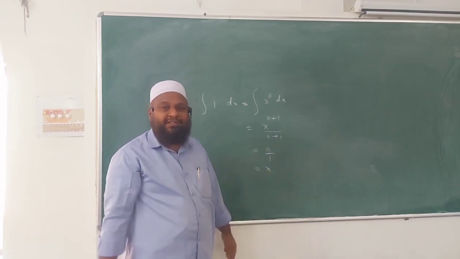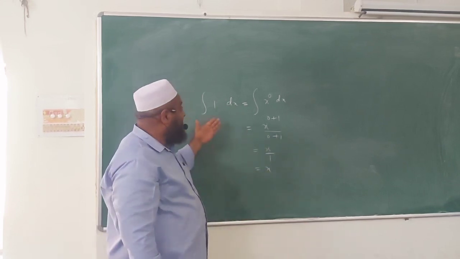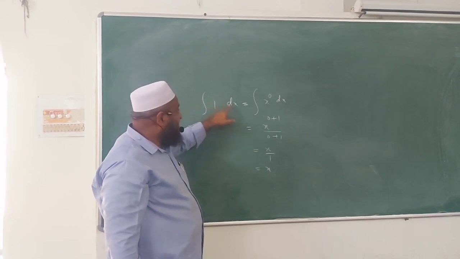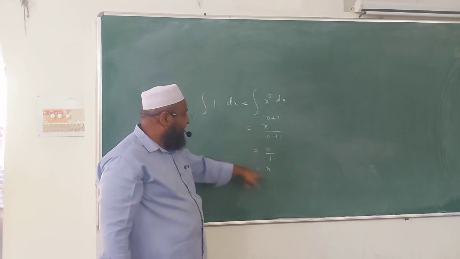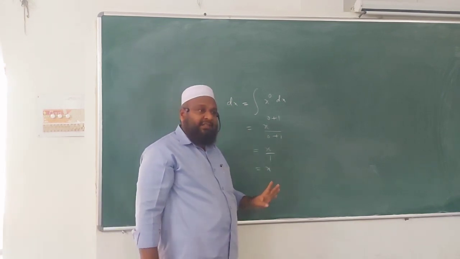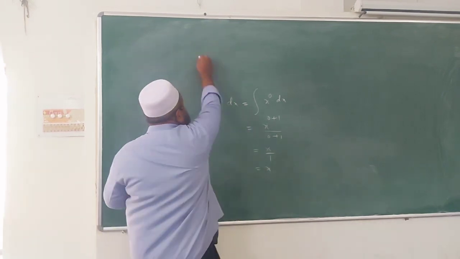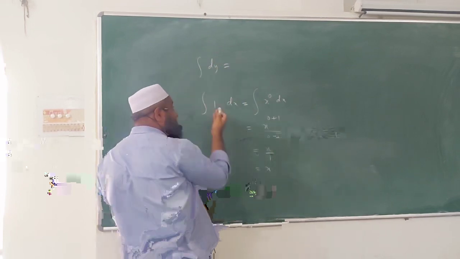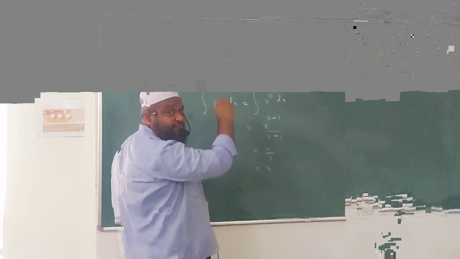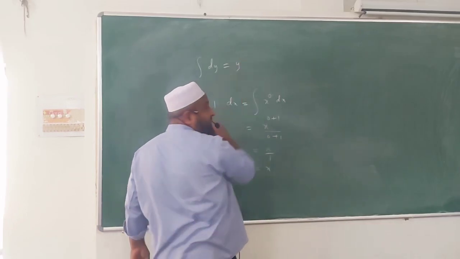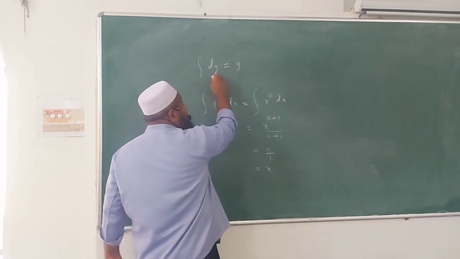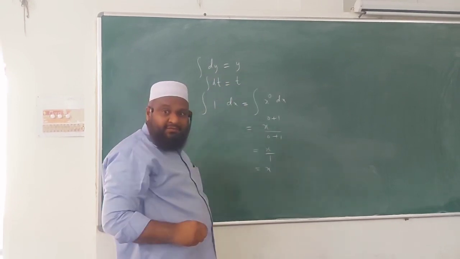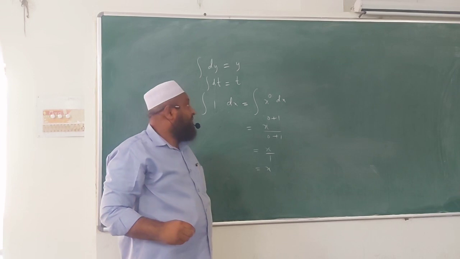What is the short way of looking at that? The integral sign and d get cancelled, and the remaining quantity, x, appears. So what will be integral dy? 1 is not written here, but we can assume that 1 is there, and we can write y. Integral dy is y, integral dt is t. Is this clear? Okay.